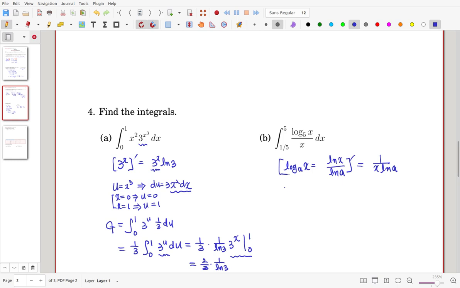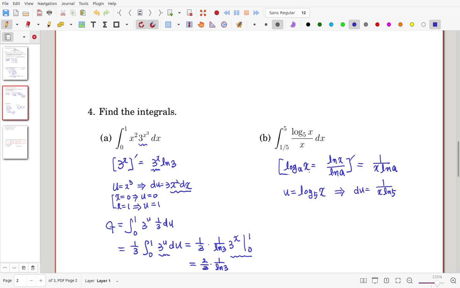Okay. So here, for that problem, what if we start with a change of variable? For example, u equals log base 5 of x. Then from this, du equals 1 over x times the natural logarithm of 5, times dx.